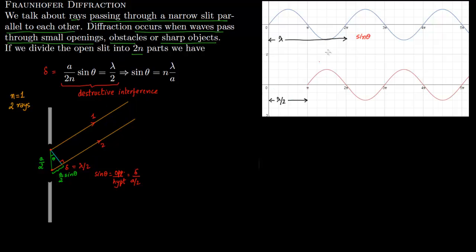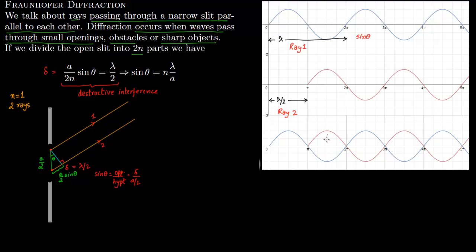Then we are expecting ray 1, so this might be ray 1, and this is ray 2. It is traveling after a lambda by 2 distance. Now if you add these two rays, you can see the red and blue rays are opposite to each other. This is positive, this is negative, you have 0 here. Now blue is positive, red is negative, you have 0 here.